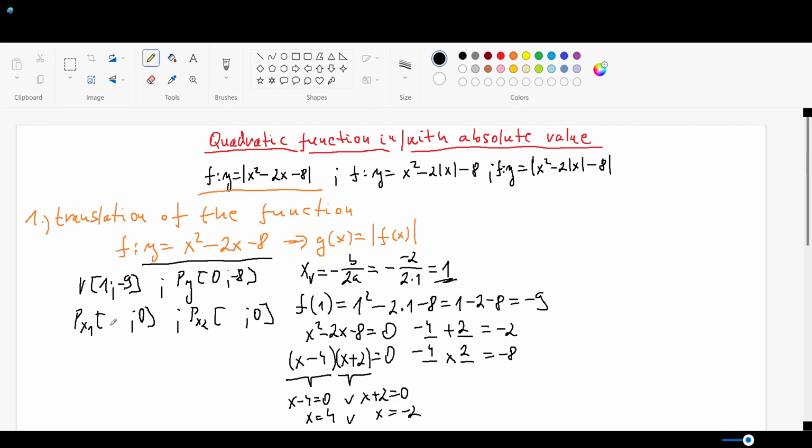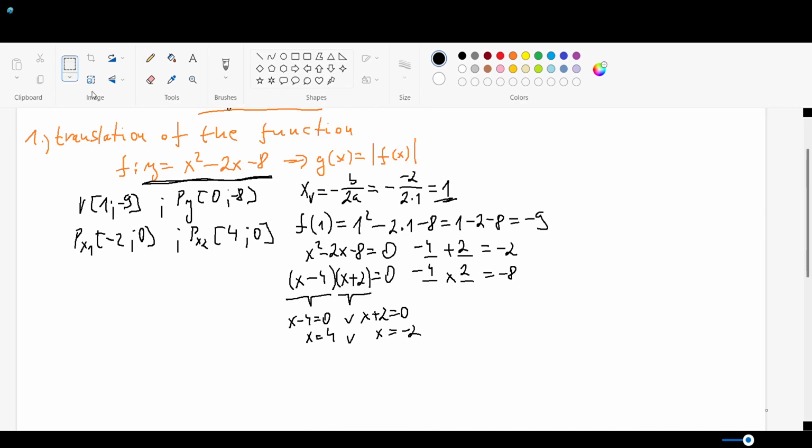So the coordinates of the intercept with the x-axis for my given quadratic function are -2 and 0, and the second intercept has the coordinates 4 and 0.